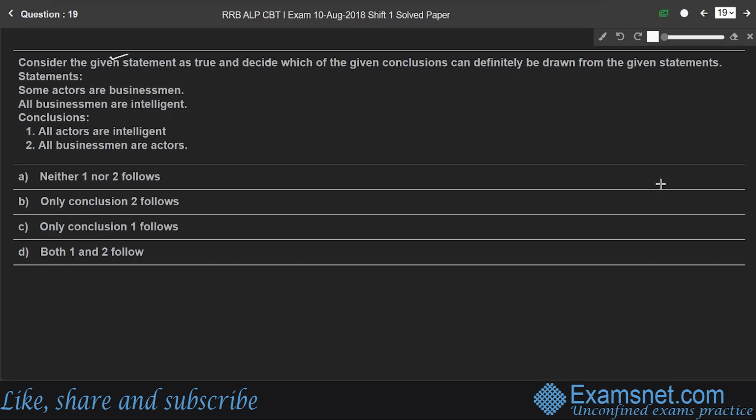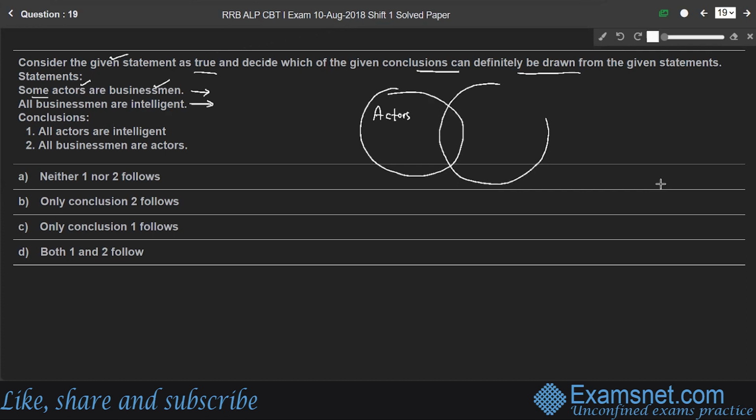Question 19. Consider the given statements as true and decide which of the given conclusions can definitely be drawn from the given statements. Let us represent these statements in the form of a Venn diagram. Some actors are businessmen. So we have 2 sets, a set of actors and a set of businessmen, with a common portion between them.